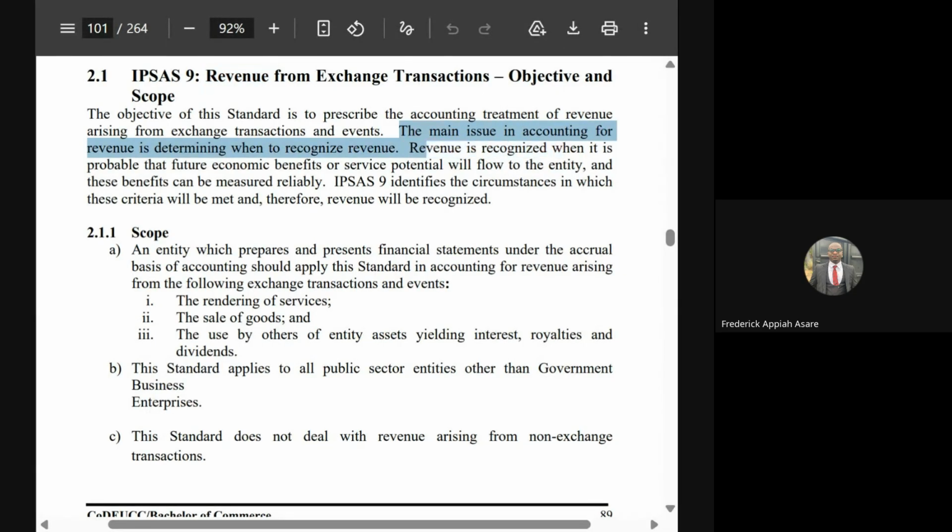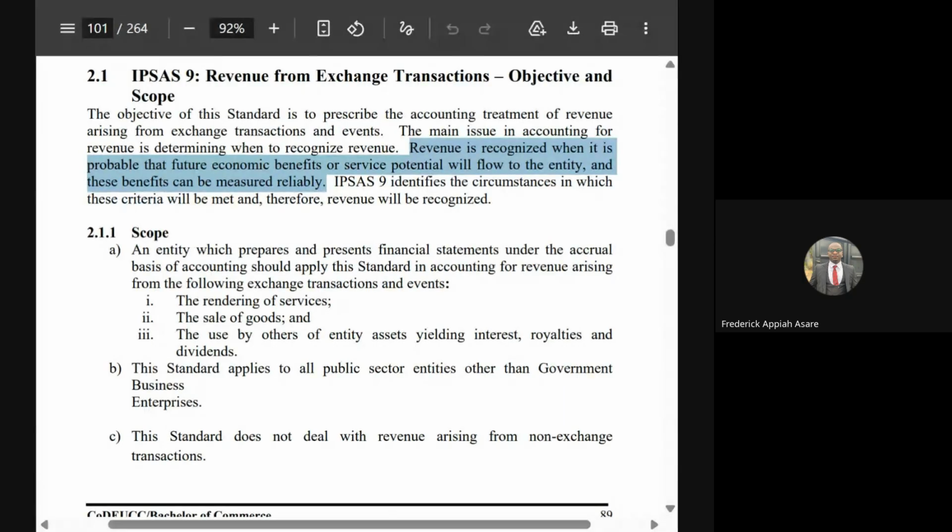The main issue in accounting for revenue is determining when to recognize revenue. Revenue is recognized when it is probable, that is 50% sure, that future economic benefits or services potential will flow to the entity, and these benefits can be measured reliably.